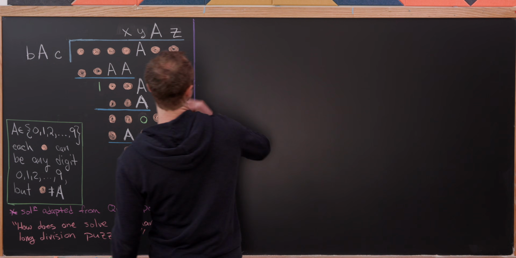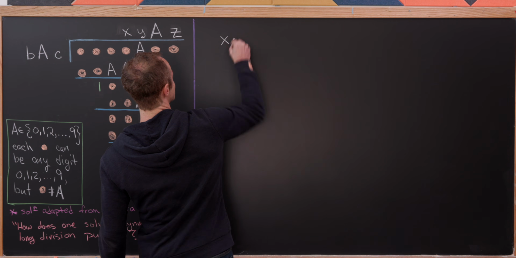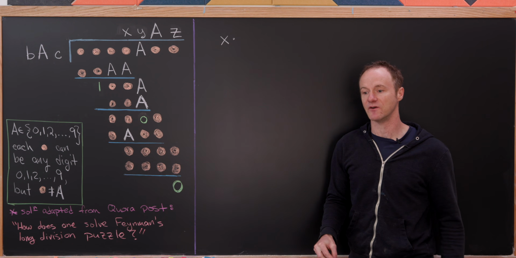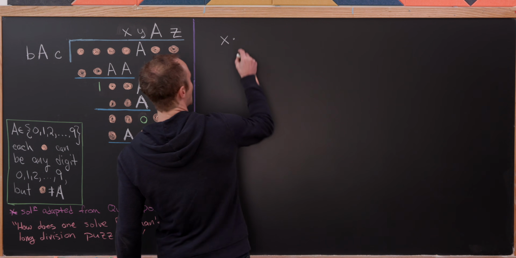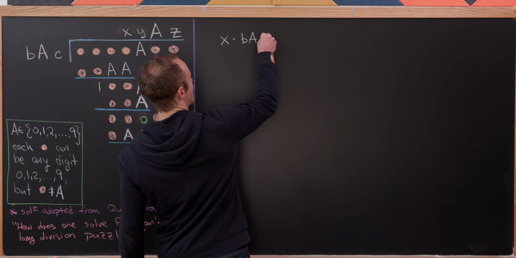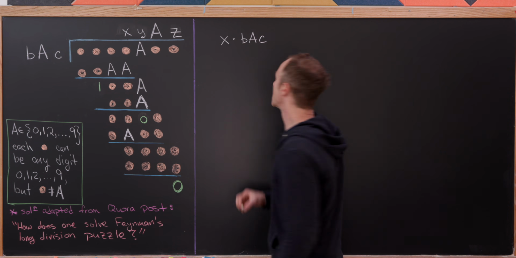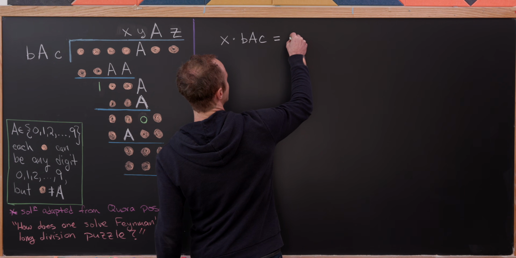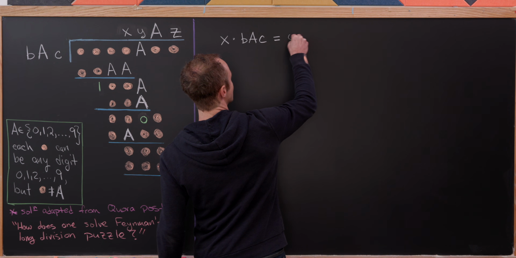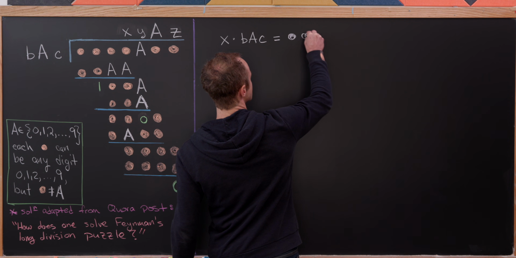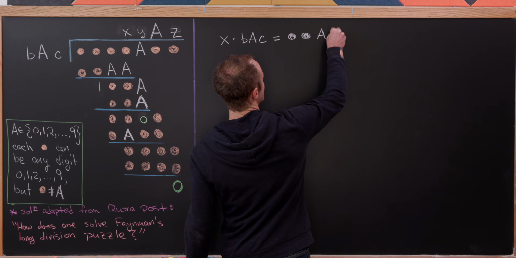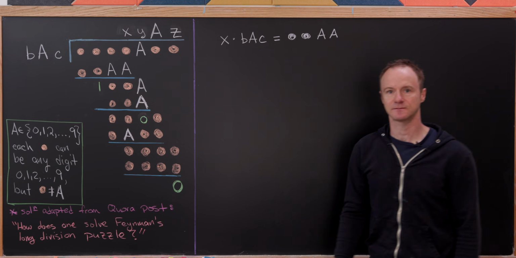So we can write that as follows. We have x, that's the leading digit of the quotient, times our number BAC, so it has digits B, A, and C, and we'll get a number of the following shape. It'll have 2 unknown dots, and then it'll end with 2 A's.